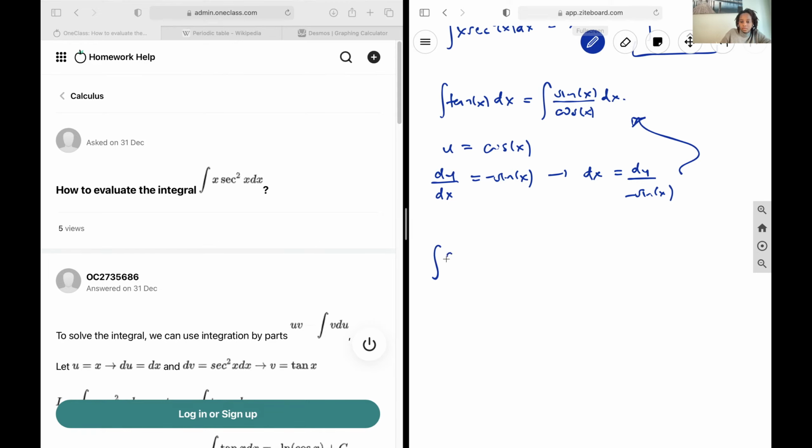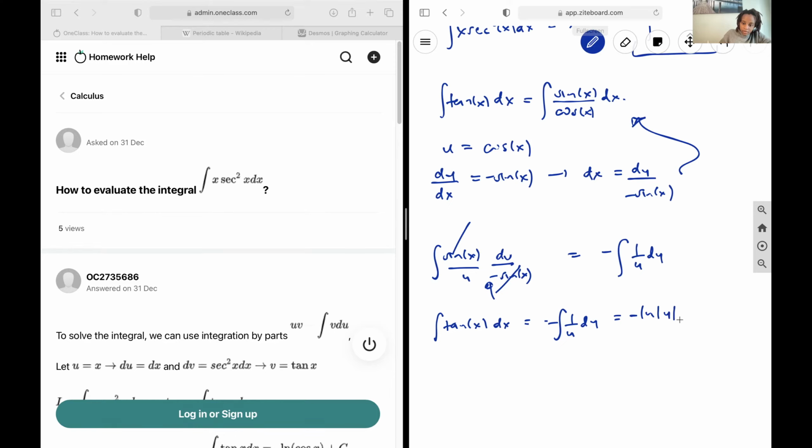So we get the integral of sine x over u, and then substitute dx to become du over negative sine x. These two will cancel, leaving a negative. So we just pull it out to become the negative integral of 1 over u du. The negative is coming from that part. And so the integral of tan x dx is equal to the negative integral of 1 over u du. This is going to be negative ln the magnitude of u.